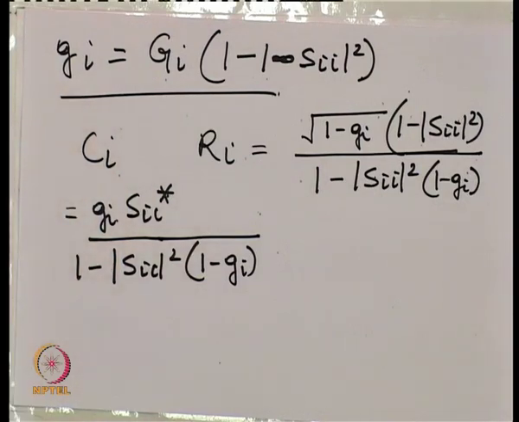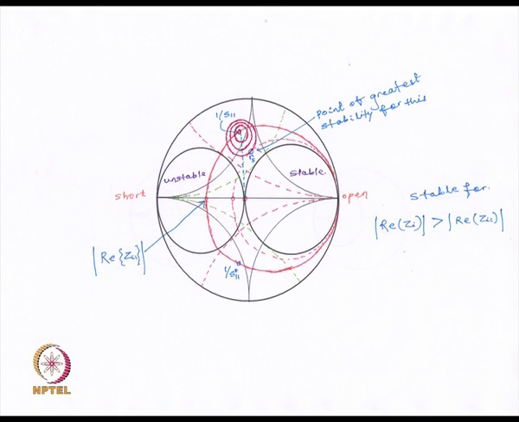And based on this, if we again go back to the diagram on the slide, the gain circles that we have drawn are like this.